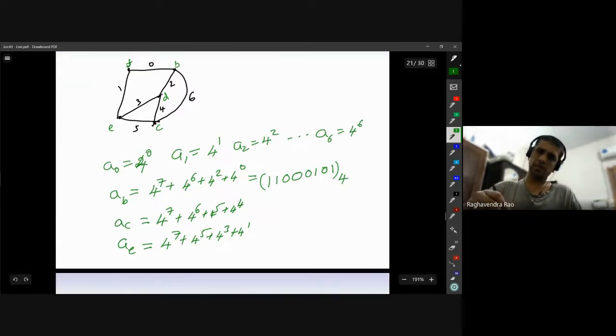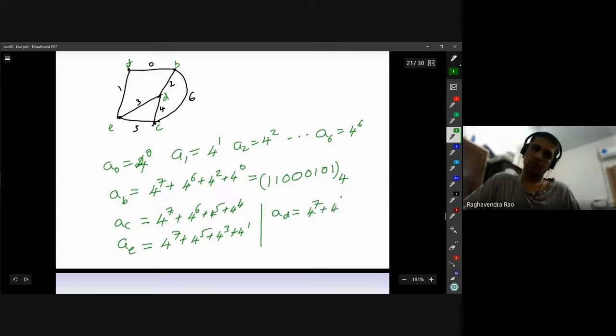AD is 4 power 7 plus 4 power 4 plus 4 power 3 plus 4 power 2. AF is 4 power 7 plus 4 power 0 plus 4 power 1.